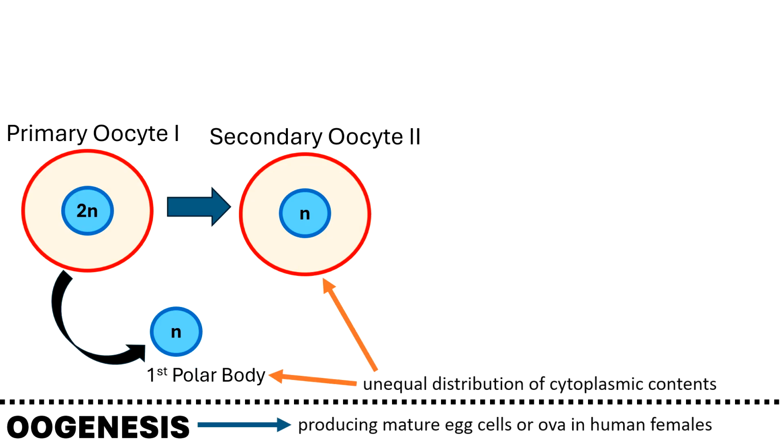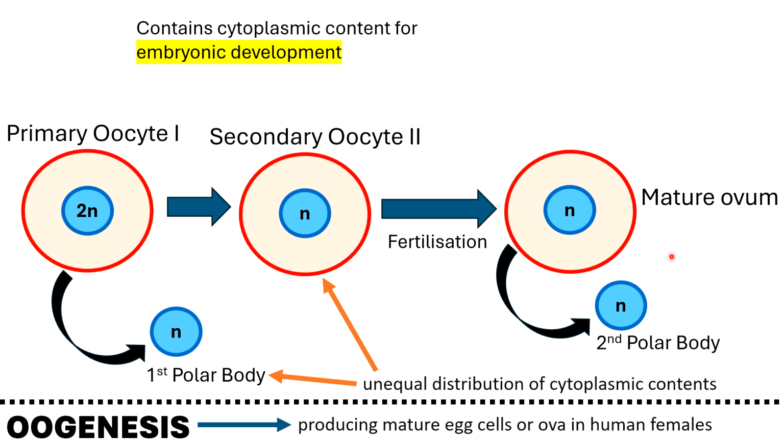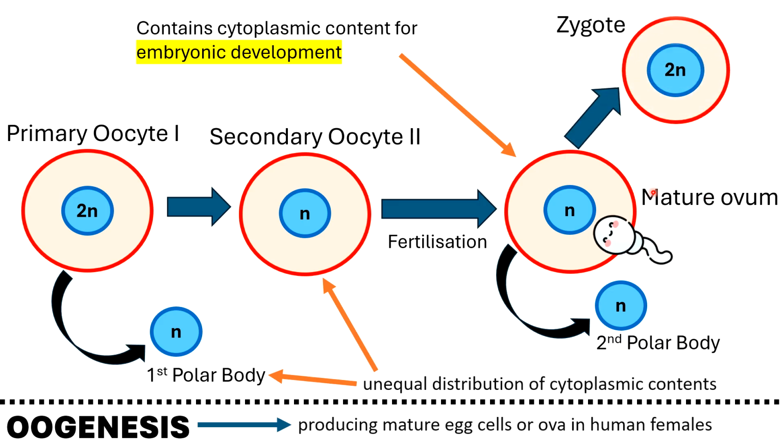Now, this secondary oocyte, via fertilization, turns into the second polar body and the mature ovum. And now, the mature ovum contains all the cytoplasmic content that it needs for embryonic development, because we know that this mature ovum is eventually fertilized when the sperm cell enters it, and it forms the zygote.